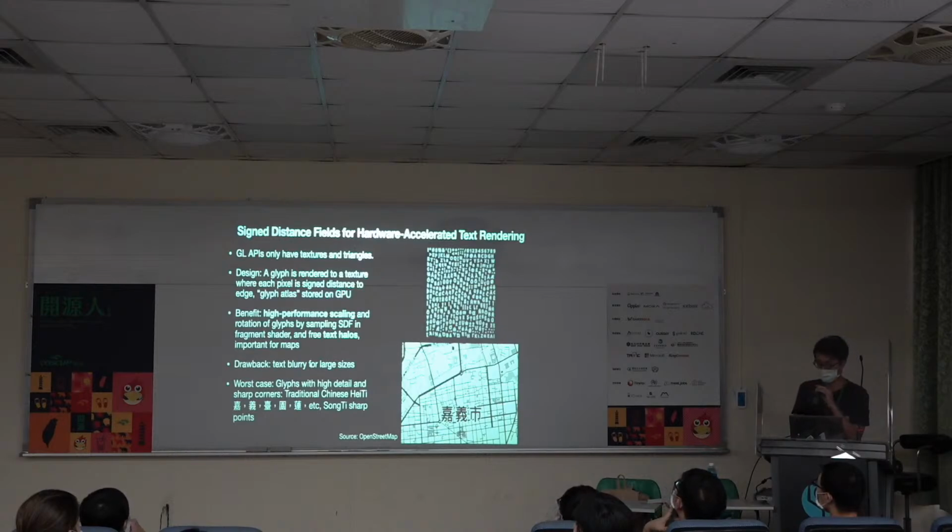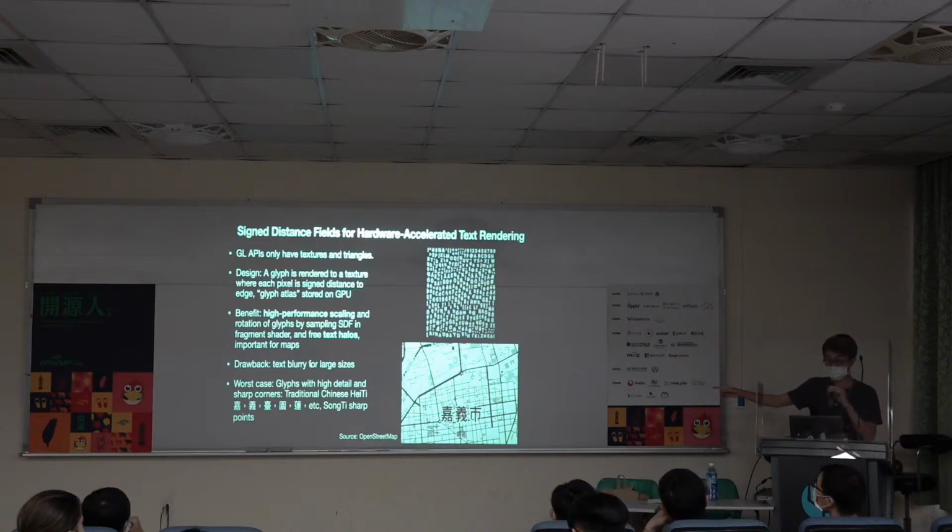The reason behind this is that a hardware accelerated API only knows about two things: textures and triangles. So the way they render text is to generate a bitmap called a signed distance field, where each pixel stores the distance to the edge of the glyph. That's stored as a texture on the GPU, and it's sampled in a shader in order to render text.